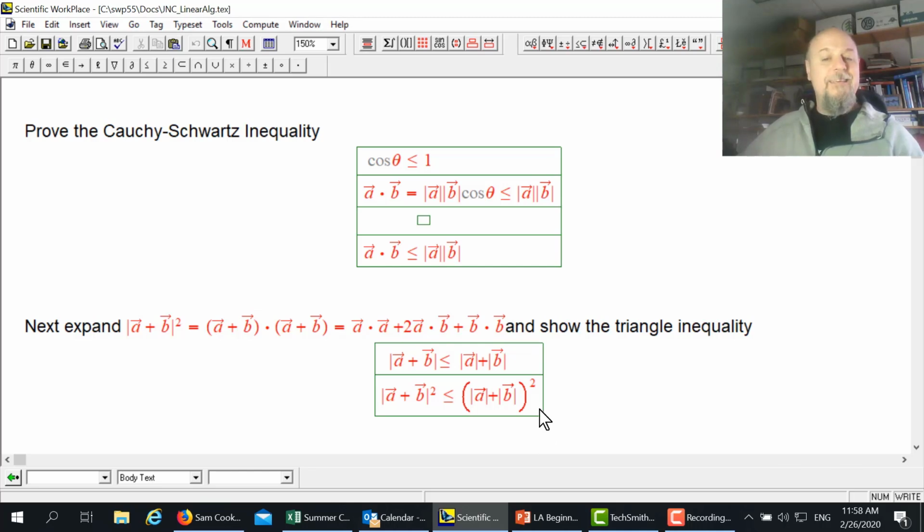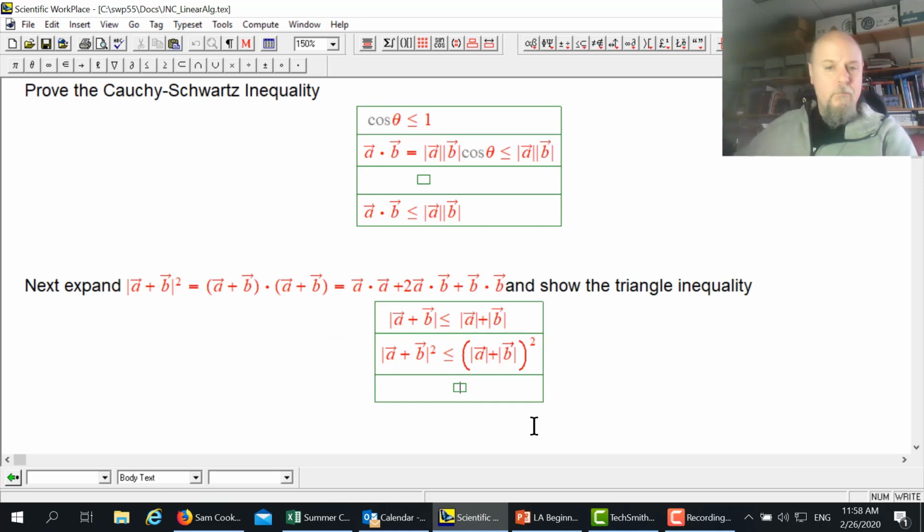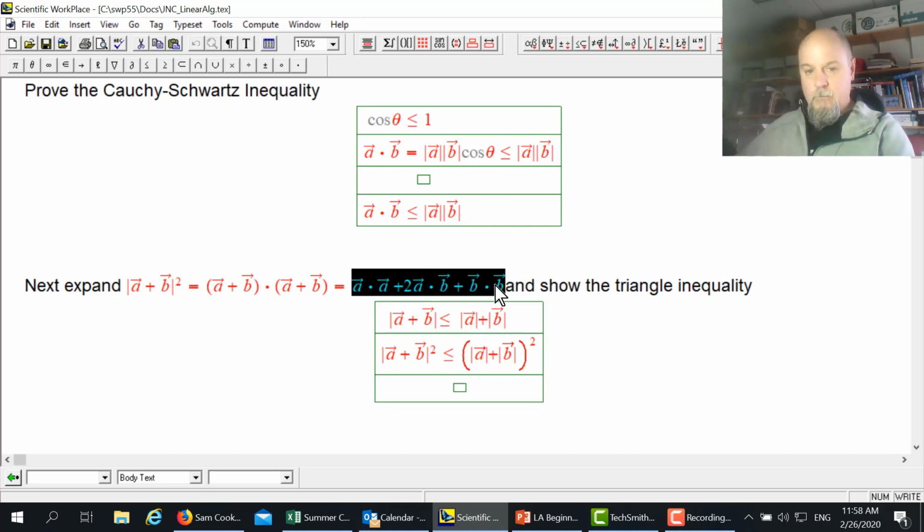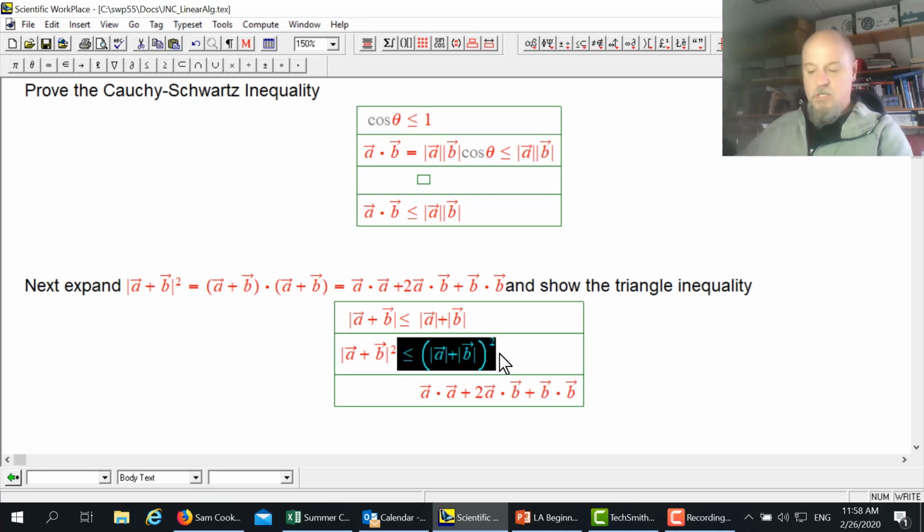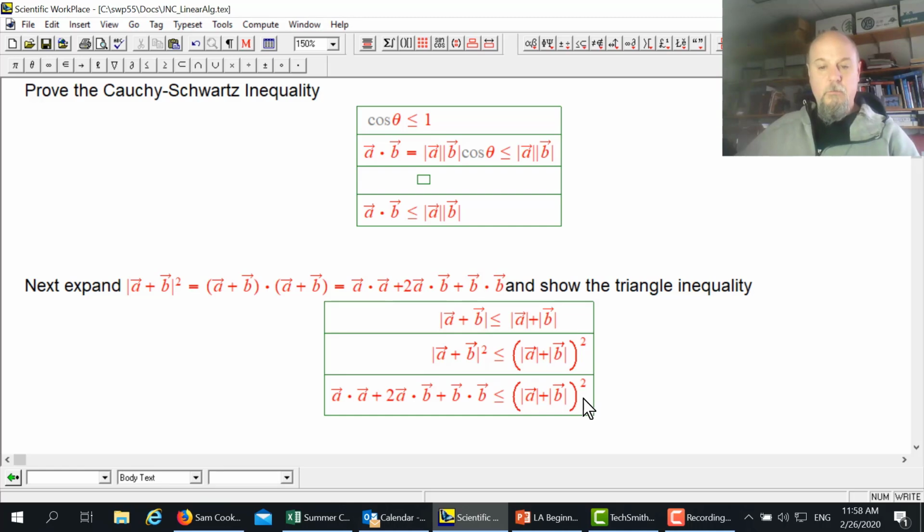So I'm trying to get to here. That's what I have on this side. I'm trying to show this is true. If I could show this is true, then this would be true, then this would be true. The triangle inequality is true.